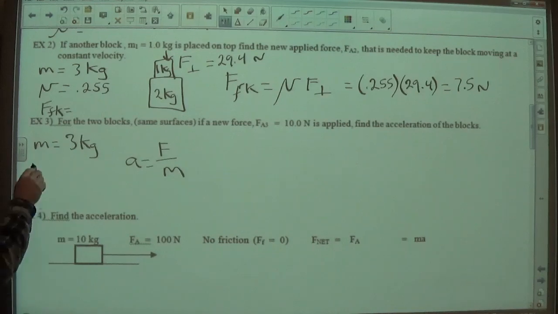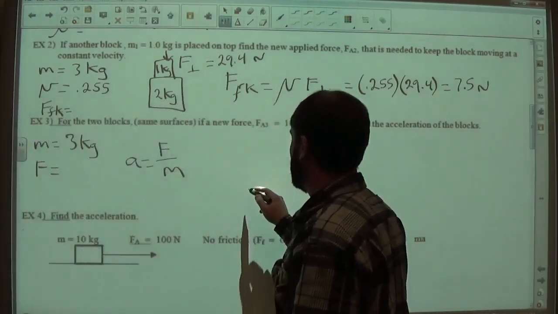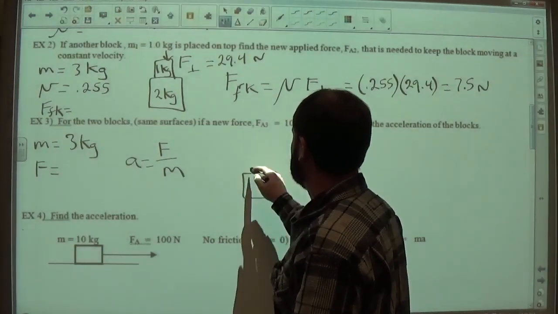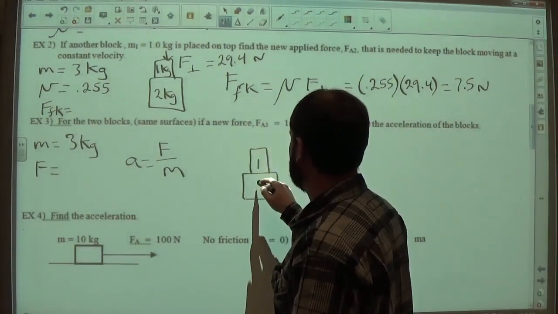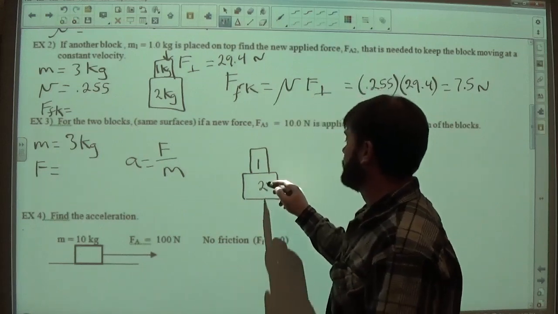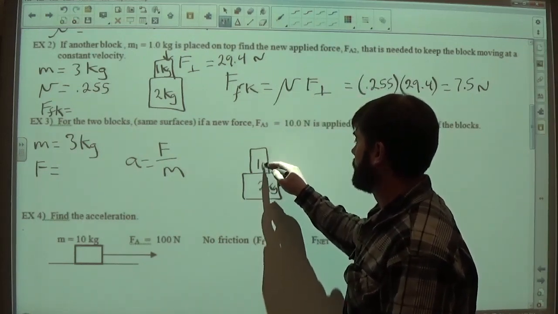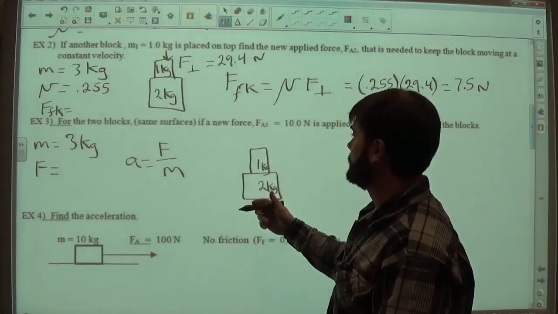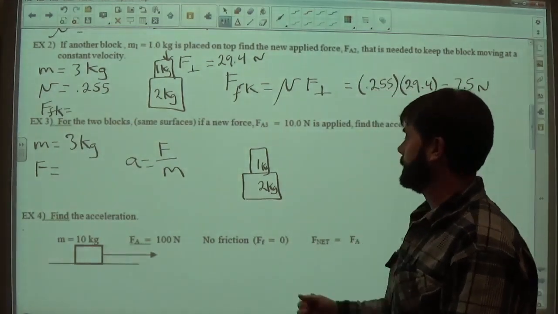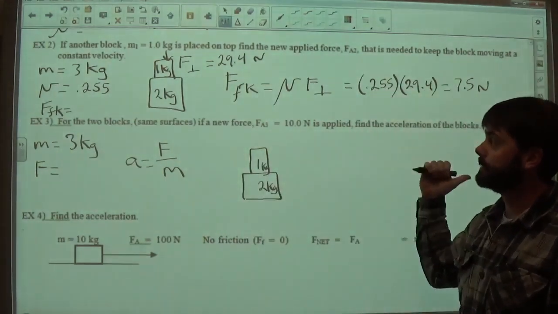What we really want to find here is the force, and again, this is not just one of the forces applied, it is the total sum of the forces. So we have 1 and we have 2 kilograms here. Let's just say, for example, we're going to try to push the block this way.